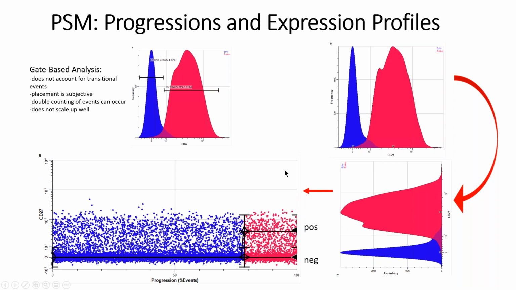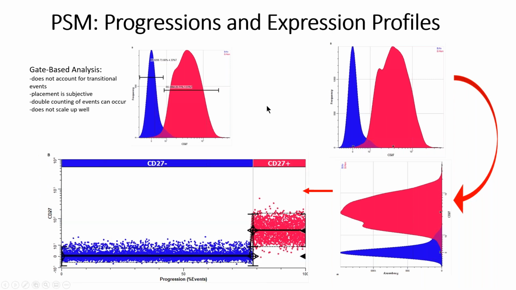The program actually positions the CDPs, the control definition points, based on those peaks for what we're going to call a step up, because CD27 upregulates. When modeled, the program actually rearranges the events so that the CD27 negative events are to the left here in blue, and the CD27 positive events are to the right here in red.